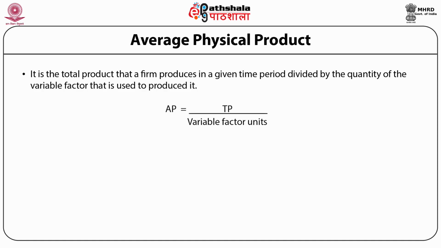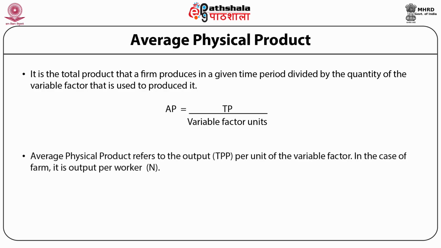Symbolically, average product is equal to total product divided by variable factor units. Average physical product refers to the output per unit of the variable factor. In the case of a farm, it is output per worker.